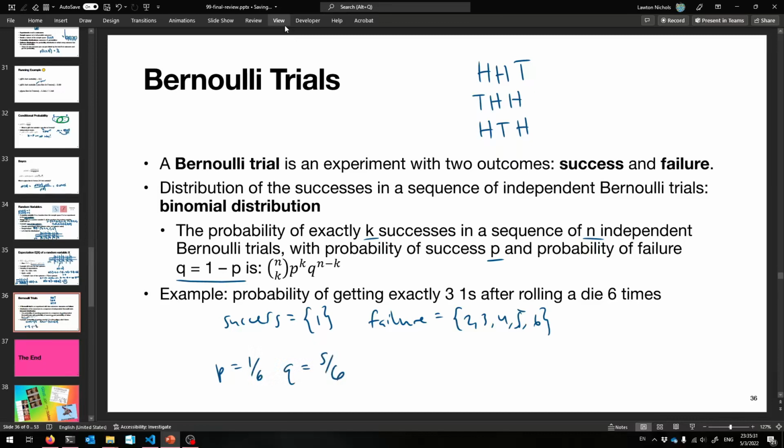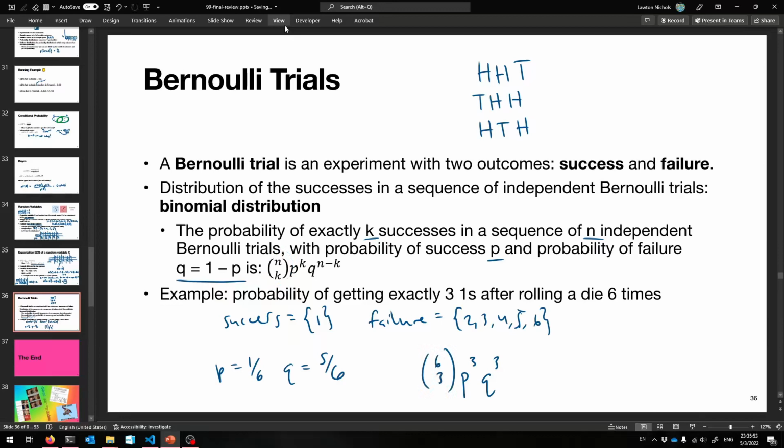And so we want to see, what is the probability of getting exactly 3 ones when you roll a die 6 times? So we saw 3 ones, so we succeeded 3 times. And that also means, because we rolled it 6 times, we failed 3 times as well, so it adds up to 6. And then we wanted to see exactly 3 successes out of 6 trials. So 6 choose 3.